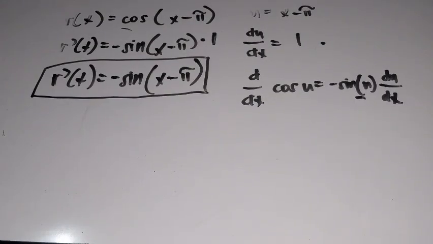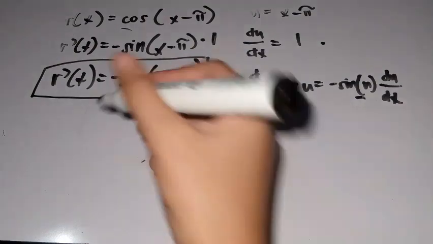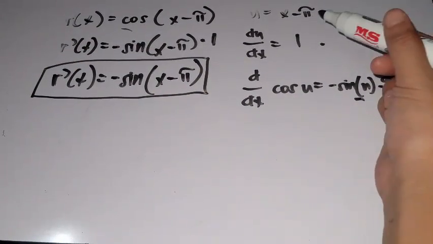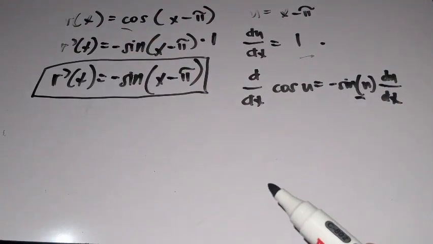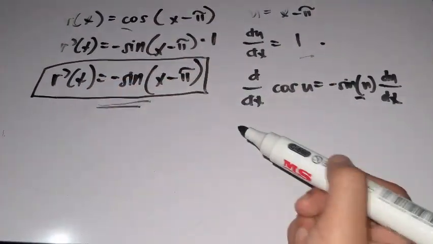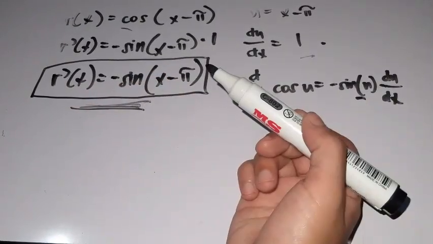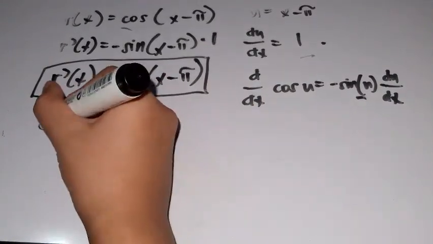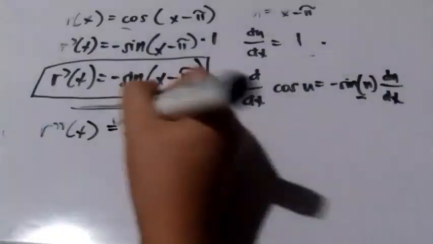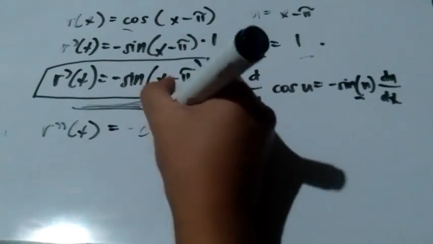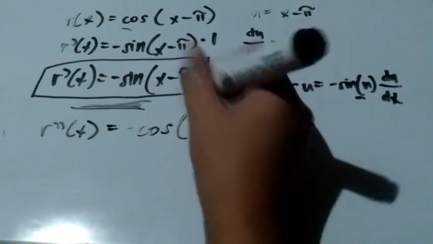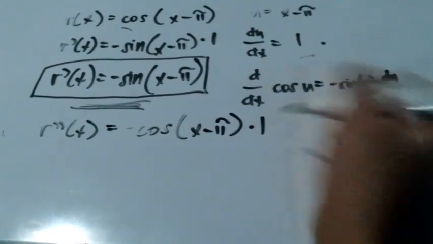Now, let us find the second derivative from the first derivative. We will use again the chain rule. Again, u is x minus pi and du/dx is 1. Since we have the first derivative of the function, we're going to use this in finding the second derivative. The derivative of negative sine is negative cosine, and then x minus pi multiplied by 1.